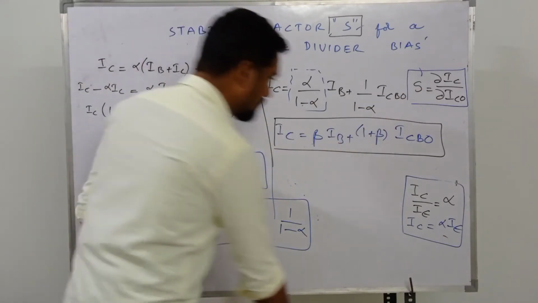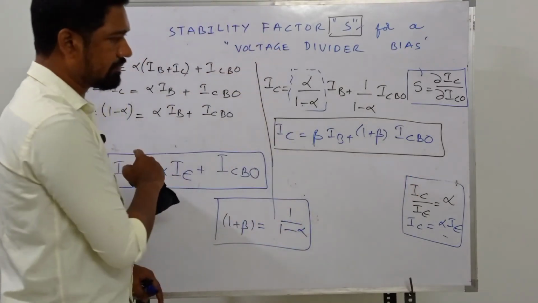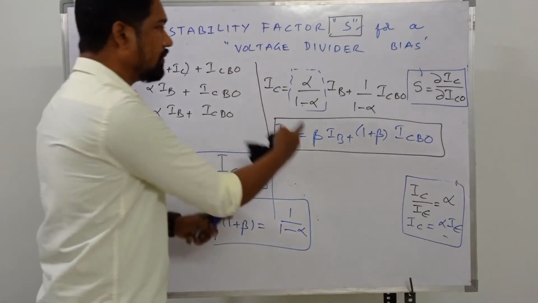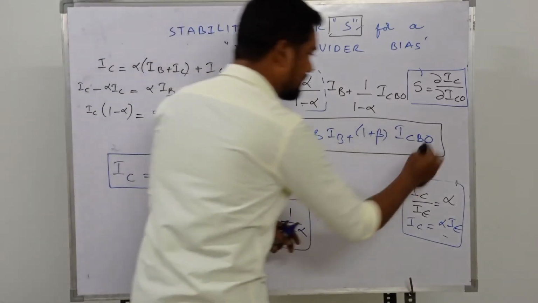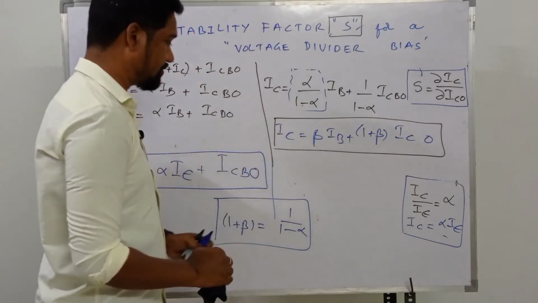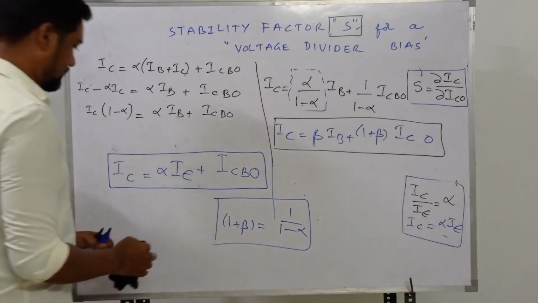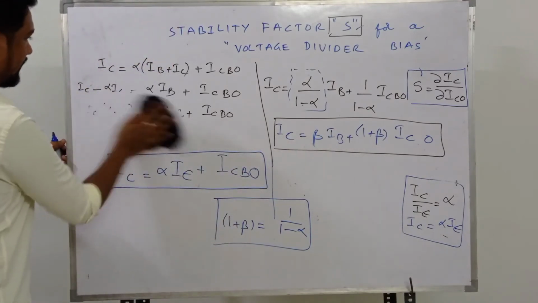So guys, ICBO in the case of the first configuration, and ICEO in the case of the second configuration. Generally it's ICO, in general. It's enough. We needed this expression, so I had to do this.